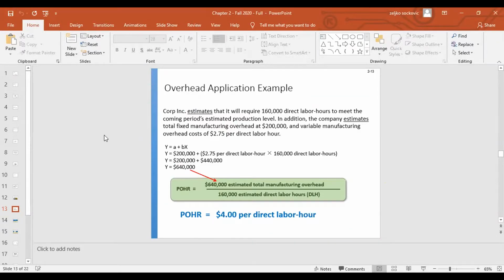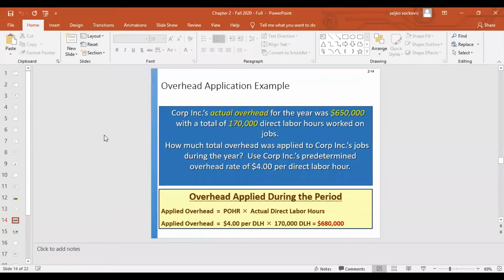Unless there's a question about the difference between actual level and estimated level, which would be like asking what's the difference between 5 minus 3, right? So there's no point. Basically, you can forget about estimates at this point. You have your POHR. That's what you want.